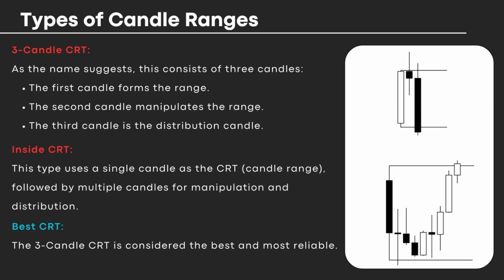The first candle is always the ranging candle, and then it can either have a manipulation candle straight away and then multiple candles for the distribution, or it can have a few inside bar candles first inside the CRT before it's purged and then multiple distribution candles, right? It can have various forms, but the idea is that this type of CRT is called the inside CRT or multiple candle CRT. It's different than the three candle CRT.